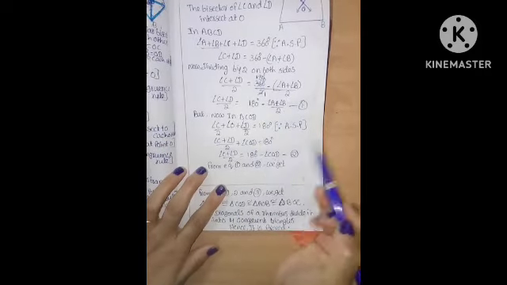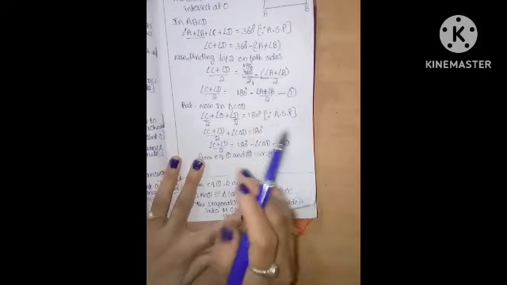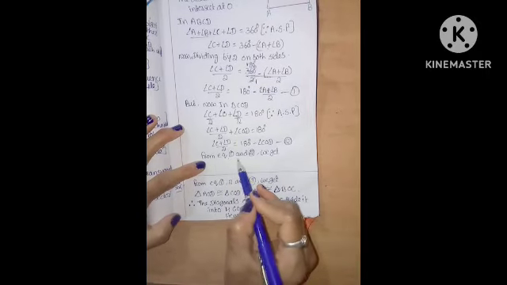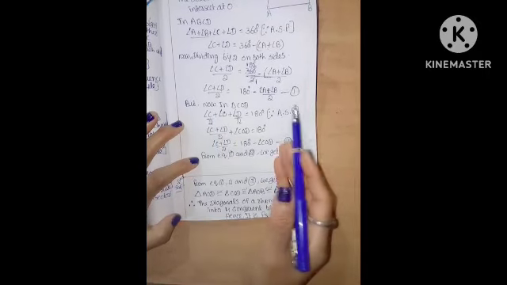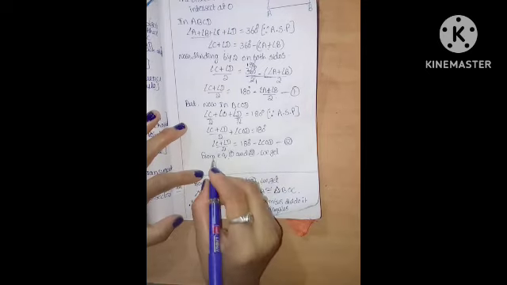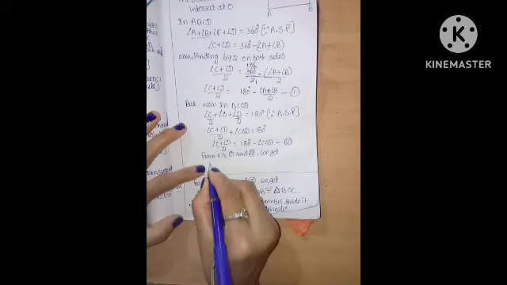Next, what about the RHS? The RHS is also equal, so LHS cancels and the remaining is the RHS part.